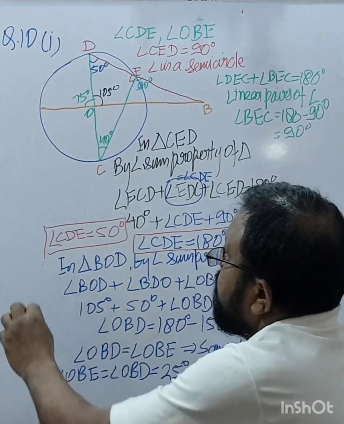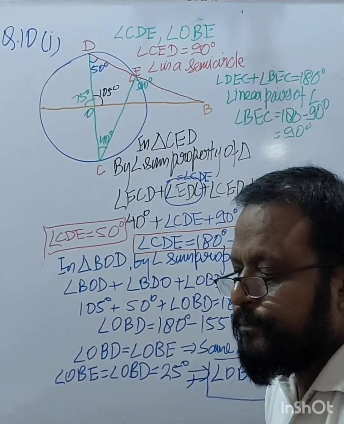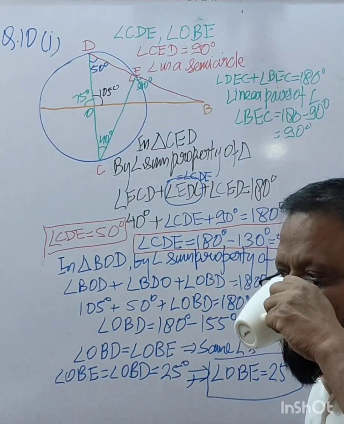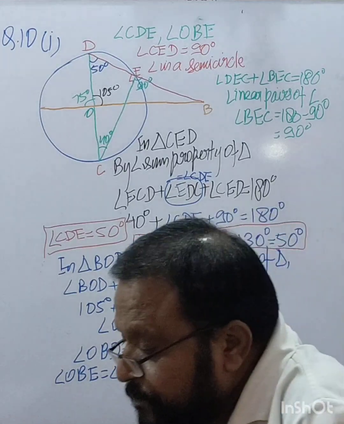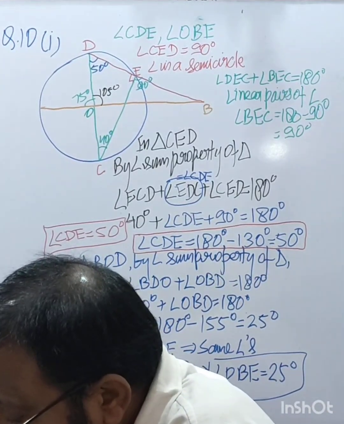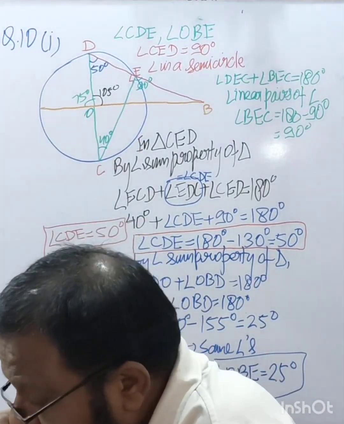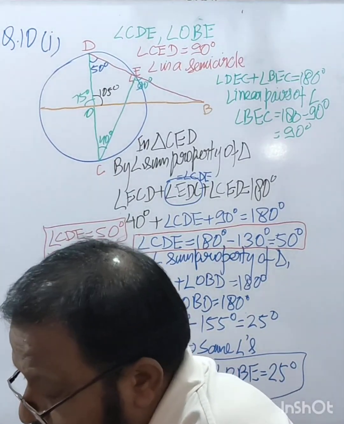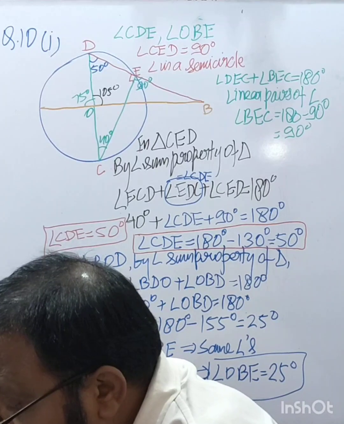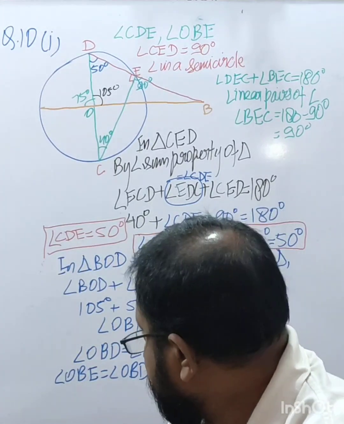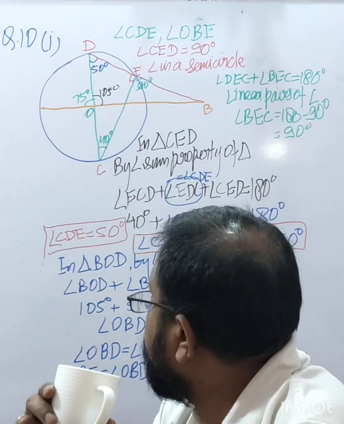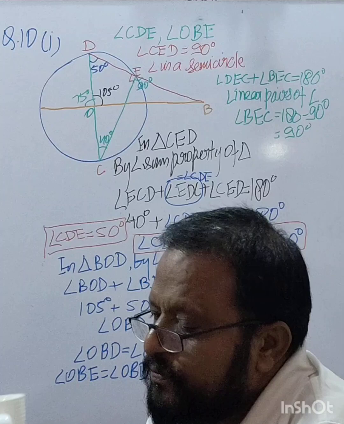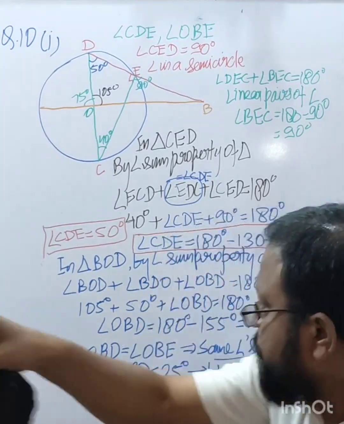We have done this. Okay, come to next. Next part is what? What we have to find? Angle BCD, angle CBD.